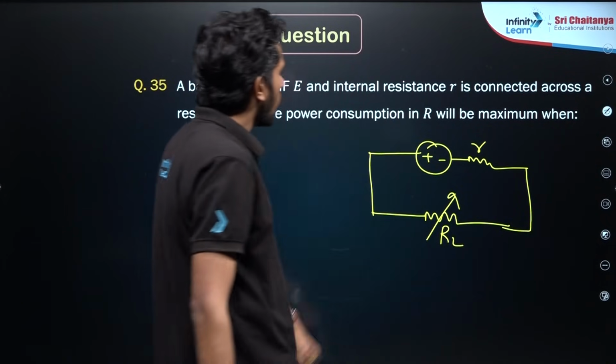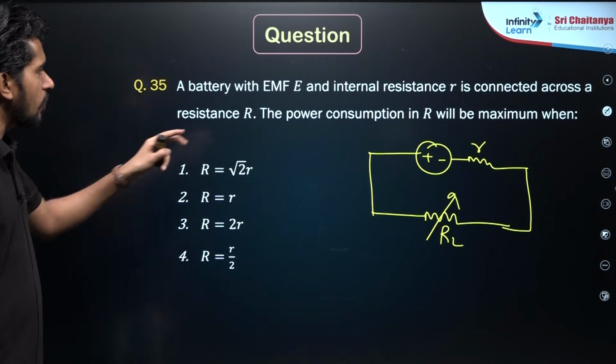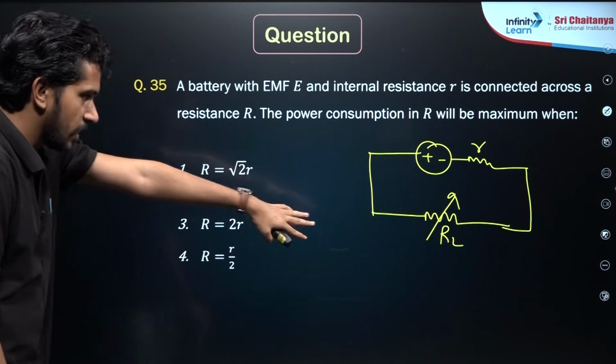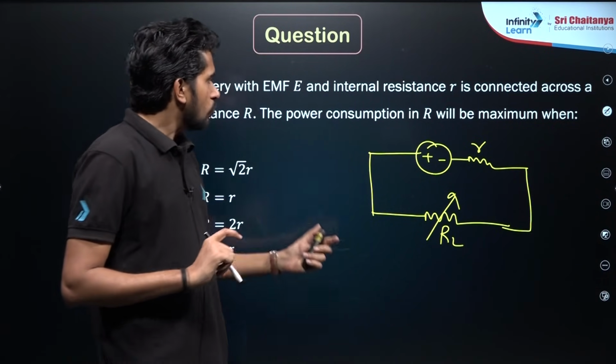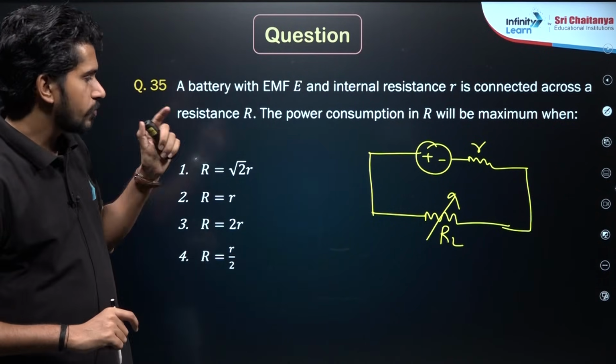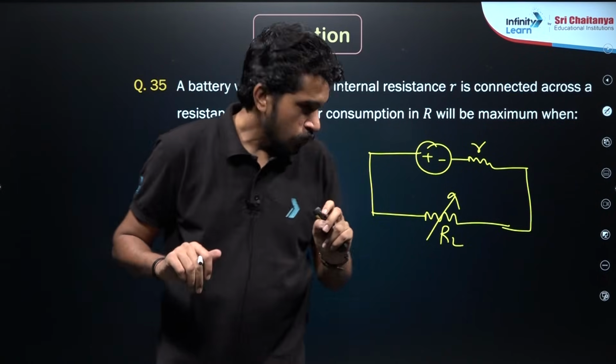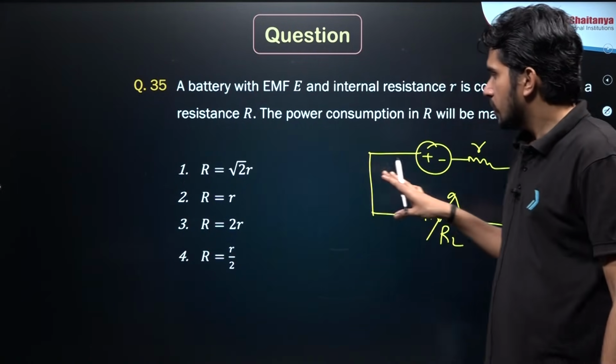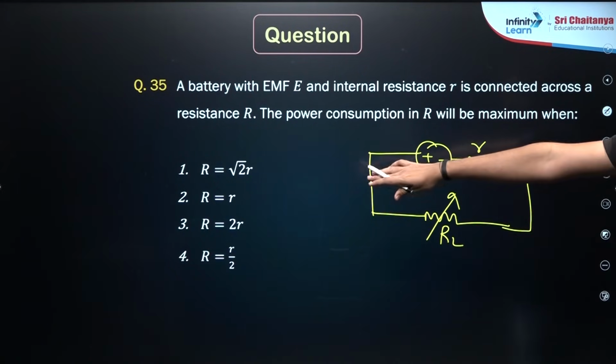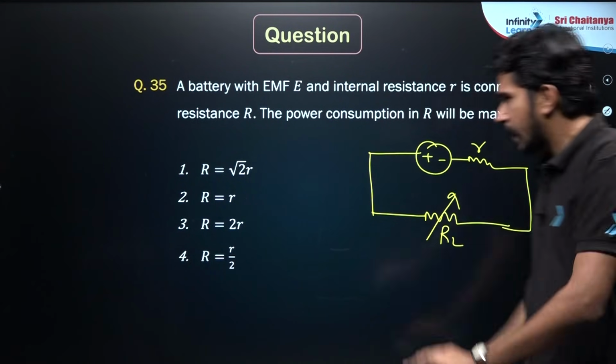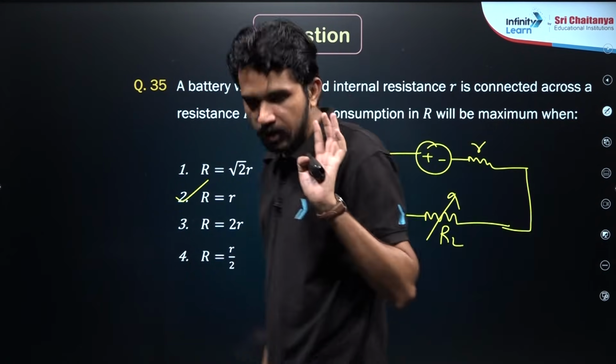So what will be the maximum power consumption by RL, by the load? So you have already done this in your classroom, and RL would be R. You guys are aware of that answer.